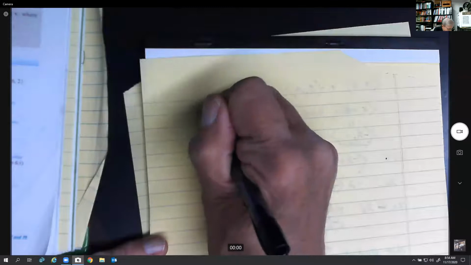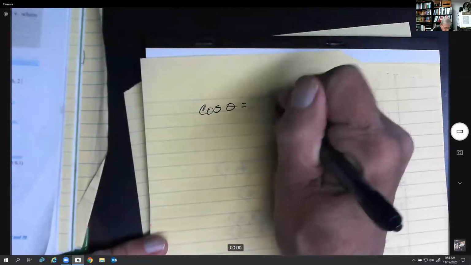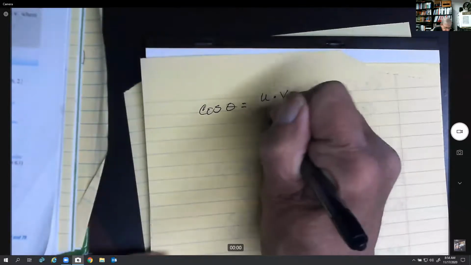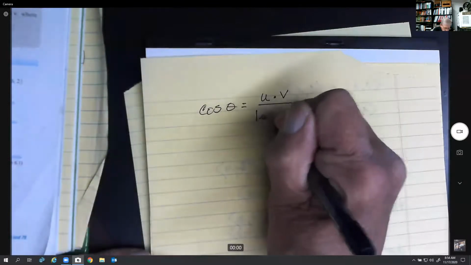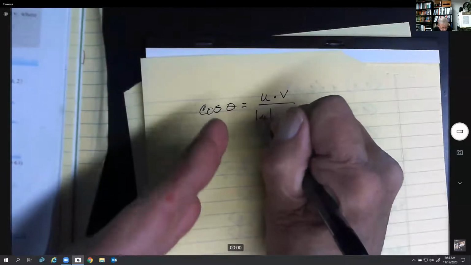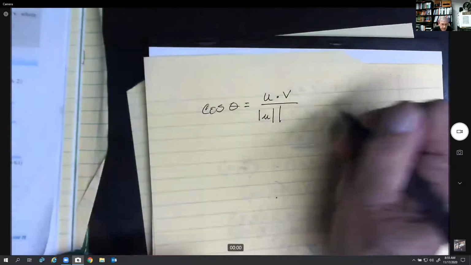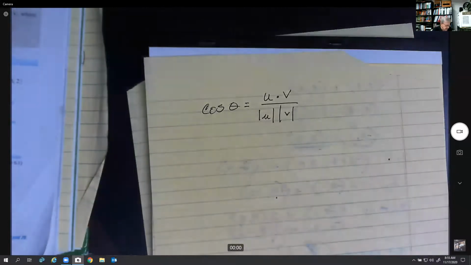The cosine of that angle is equal to the vector u times v over, this is the magnitude of the vector. This is basically c if you were using the Pythagorean theorem, and this is v, same thing, c. These are your hypotenuse.